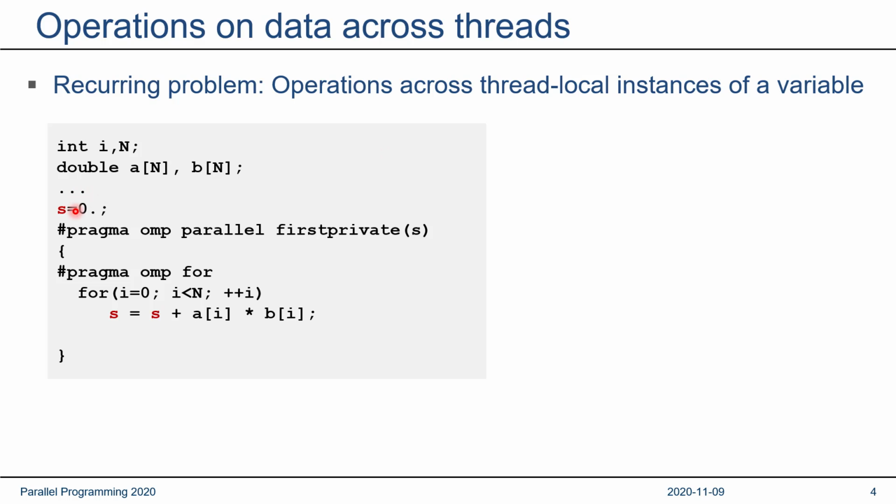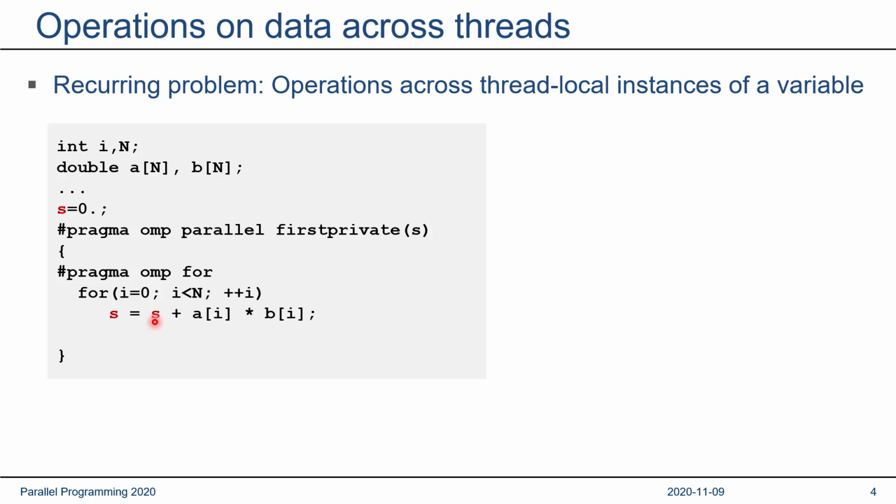In this example, we have two arrays A and B and a scalar variable S, which is initialized to 0 before the parallel region. It's first privatized in the parallel region, so private instances of this variable are generated. And then we have a workshared loop, OMP4, in which this scalar product computation is distributed among the threads.